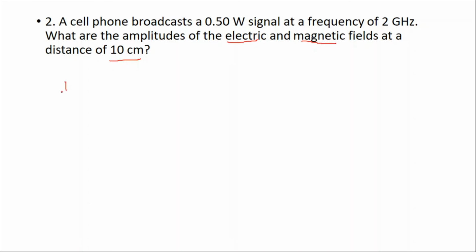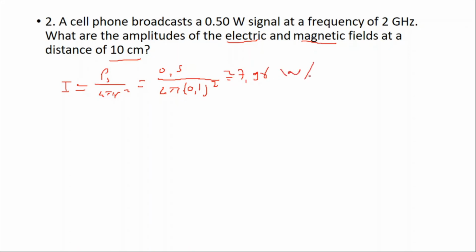Now remember that the intensity of the electromagnetic waves varies with the distance as P source divided by 4 pi r squared. This will be equal to the power of the source, 0.5, divided by 4 pi times r, which is 0.1 meter, squared, and it will be approximately 7.96 watt per meter squared.